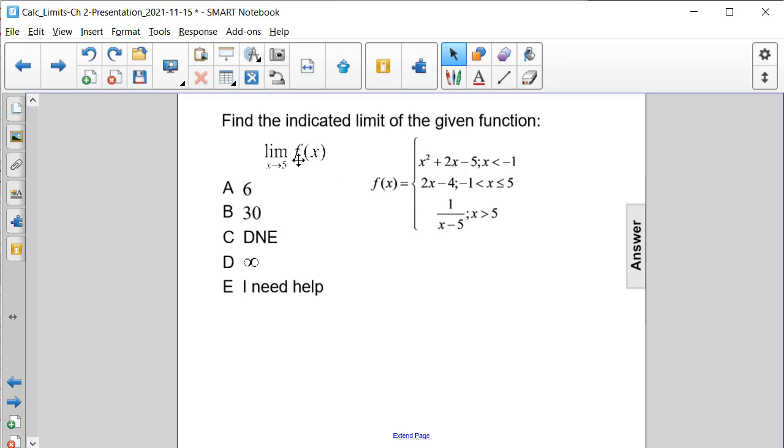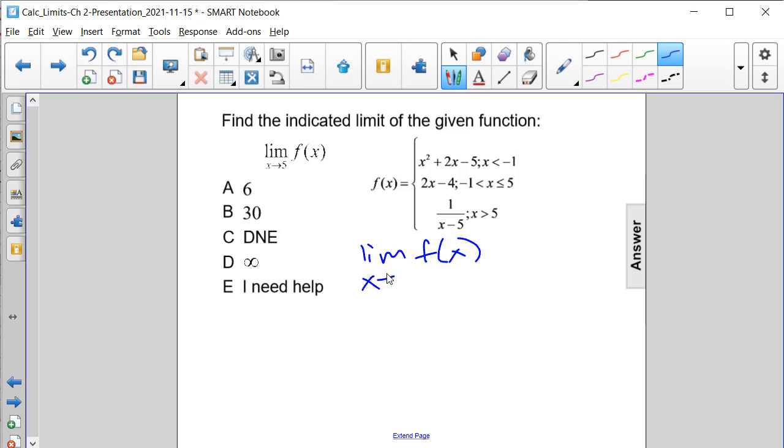So we have to see if the limit from the left and from the right of x equals 5 give us the same limit value. So let's start off with the middle piece, because we're finding the limit of f of x as x approaches 5 from the left.